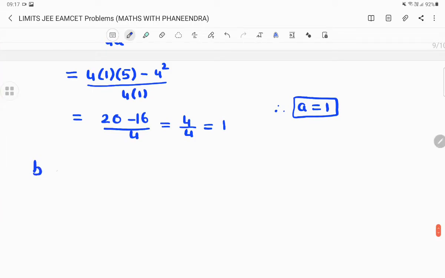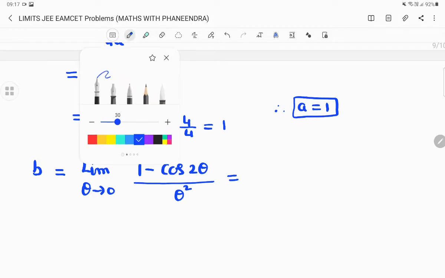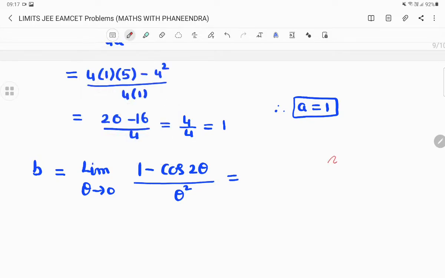We know the formula: limit x tends to 0, 1 minus cos ax by x square is equal to a square by 2.